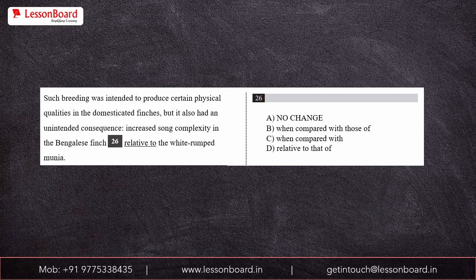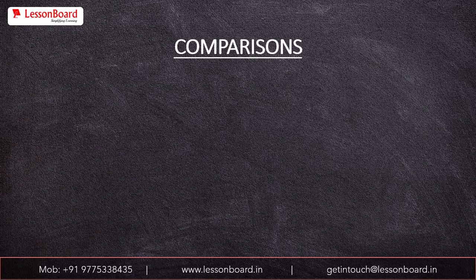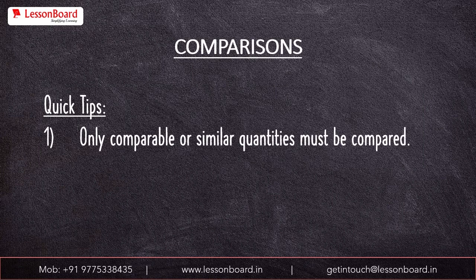Okay, now before we do this question, I would like to share a couple of tips and strategies which we can use to answer these types of questions. Now, first, remember, only comparable or similar quantities must be compared, which means that you can only compare apples to apples or oranges to oranges.